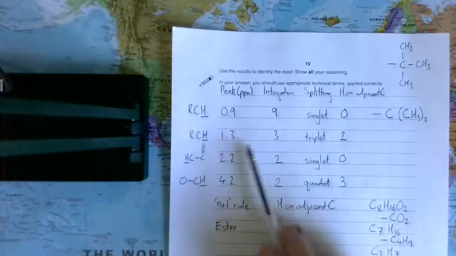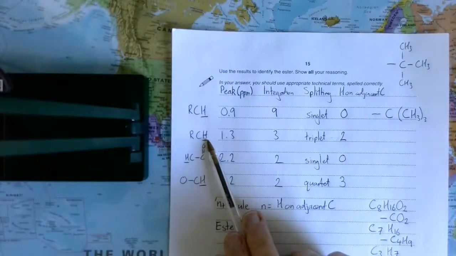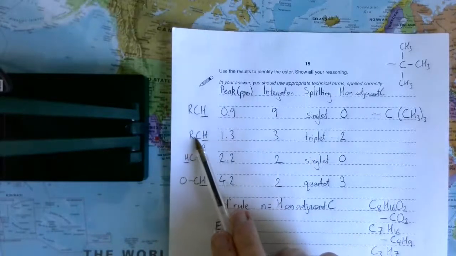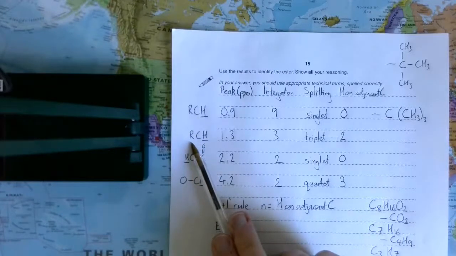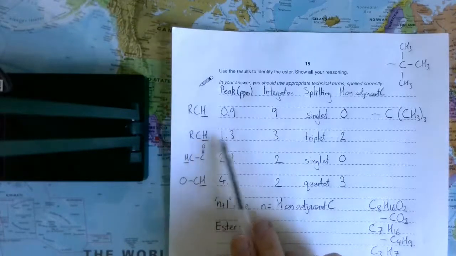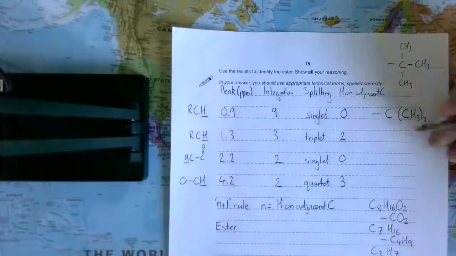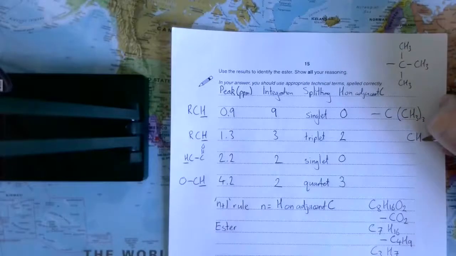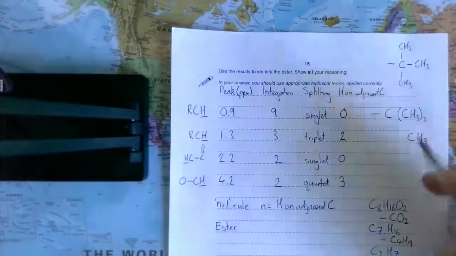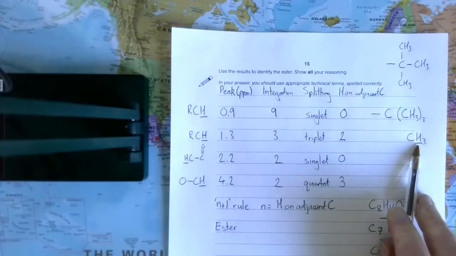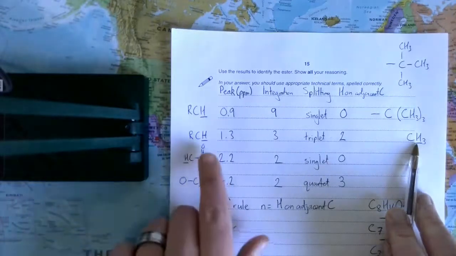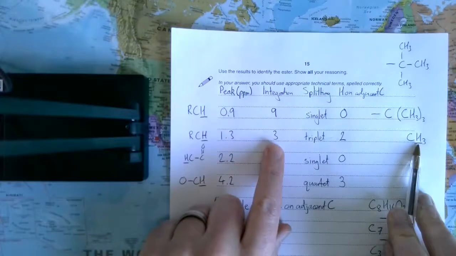The next one, it's an RCH, so you know that it's bonded to just a carbon and some hydrogens. It has an integration of 3. So this, I'm going to underline to show which one is making the peak. It's this hydrogen here, which there are 3 equivalent ones of, so it's CH3.